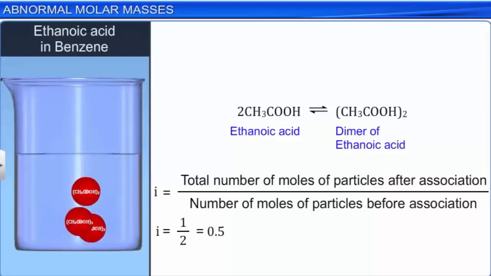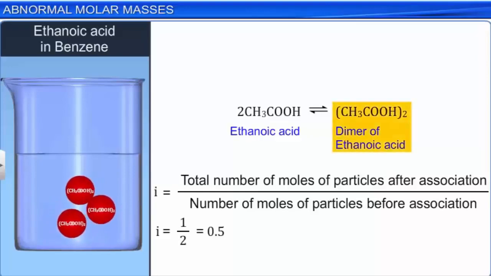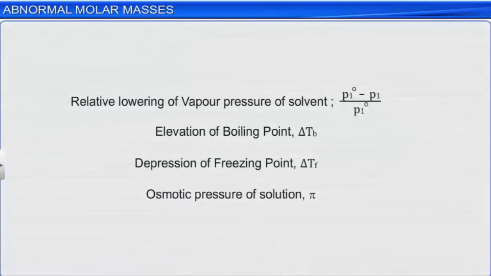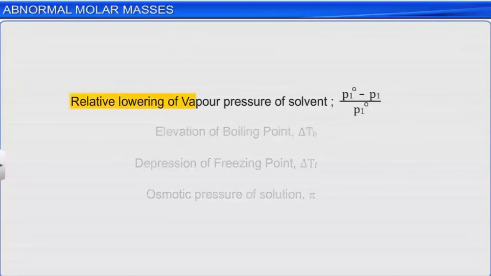The modified equations for colligative properties using the van 't Hoff's factor can therefore be written as follows. Relative lowering of the vapor pressure of solvent: P1 naught minus P1 divided by P1 naught is equal to i multiplied by n2 divided by n1.